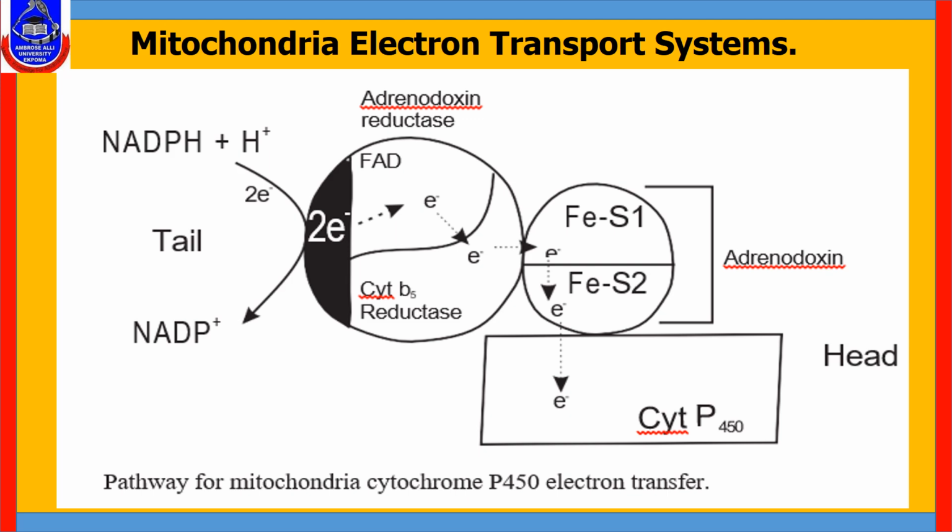Now, this is a simplified structure of mitochondrial electron transport system. You can see the proteins involved: adrenodoxin reductase, cytochrome B5 reductase, the iron sulfur 1, iron sulfur 2, which is the adrenodoxin, and the cytochrome P450 head.